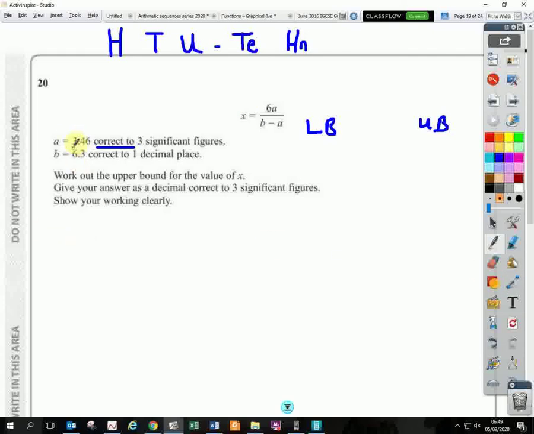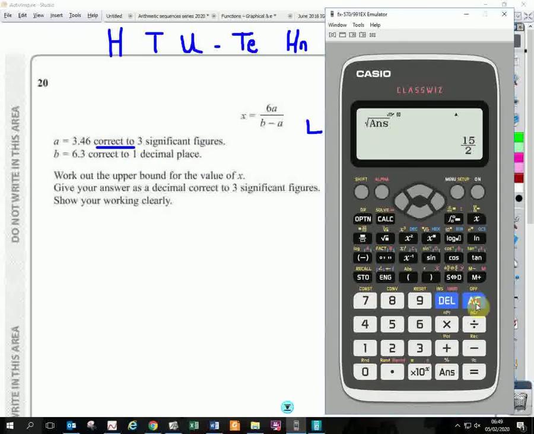So, the first number, A, 3.46, has been rounded to 3 significant figures, and the 6 is in the hundredths column. The hundredths column is the same as saying 0.01. If you divide 0.01 by 2, you get 0.005.